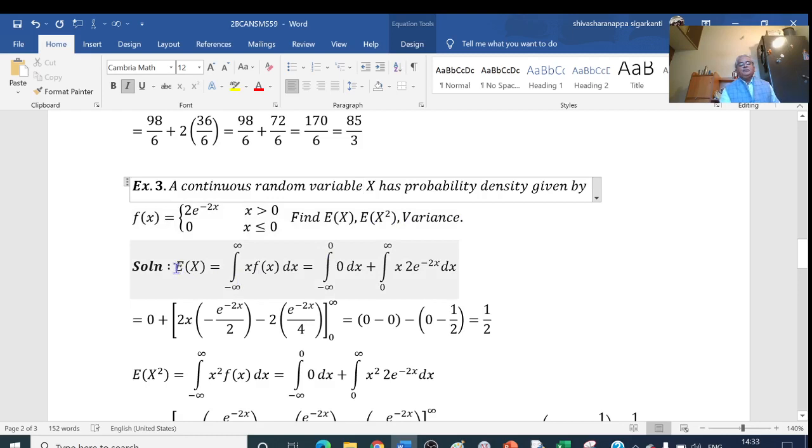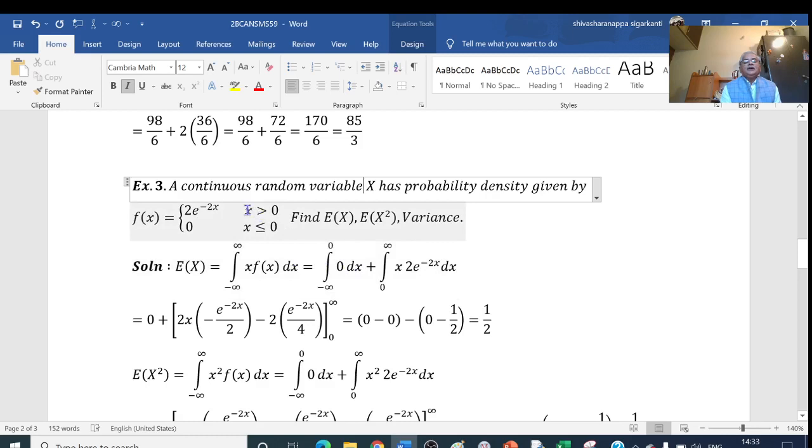So here E(x) is given by the integral from minus infinity to plus infinity of x f(x) dx. I will split this interval as minus infinity to 0 plus 0 to infinity. From minus infinity to 0, f(x) is 0.